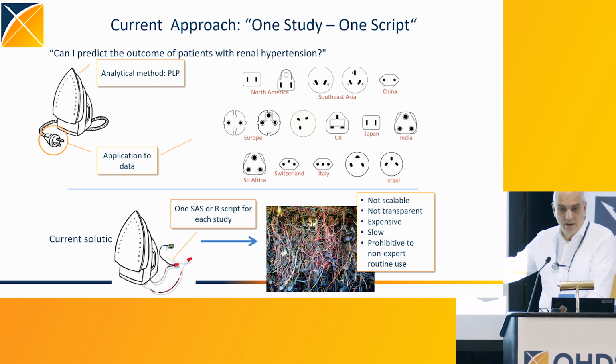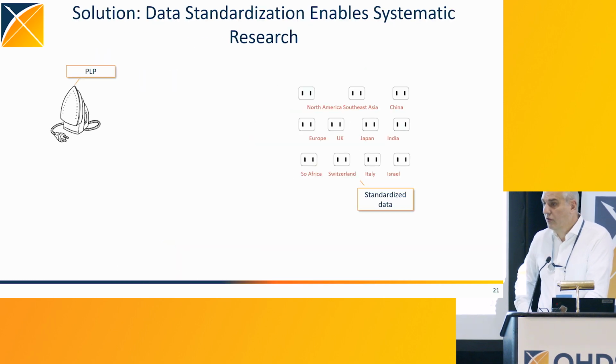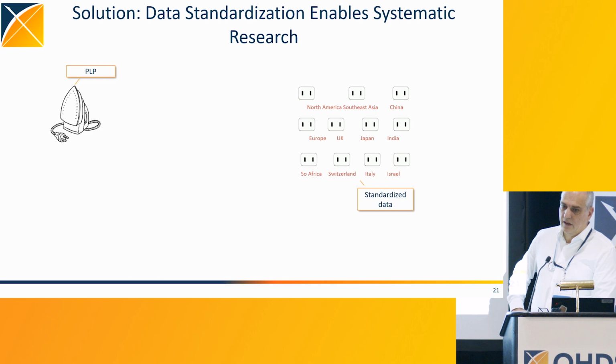And obviously, I use this metaphor, this comparison, because if we have a standard, we stop even thinking about that. If you buy any appliance, an iPhone, whatever, you go home in the expectation you can plug it in and it's going to work. There's not even a question. And so what should happen? Of course, this. We should have a harmonized way how the data are represented in our data stores so that a tool can plug in.